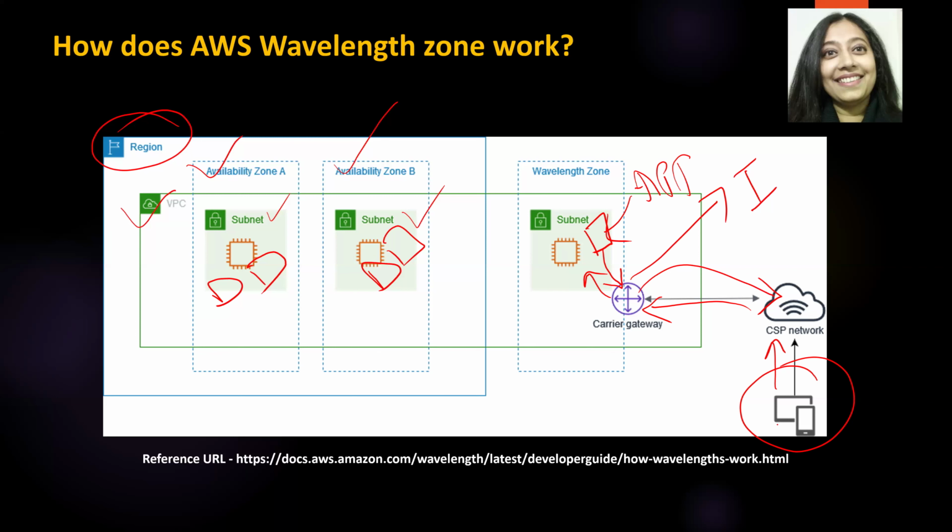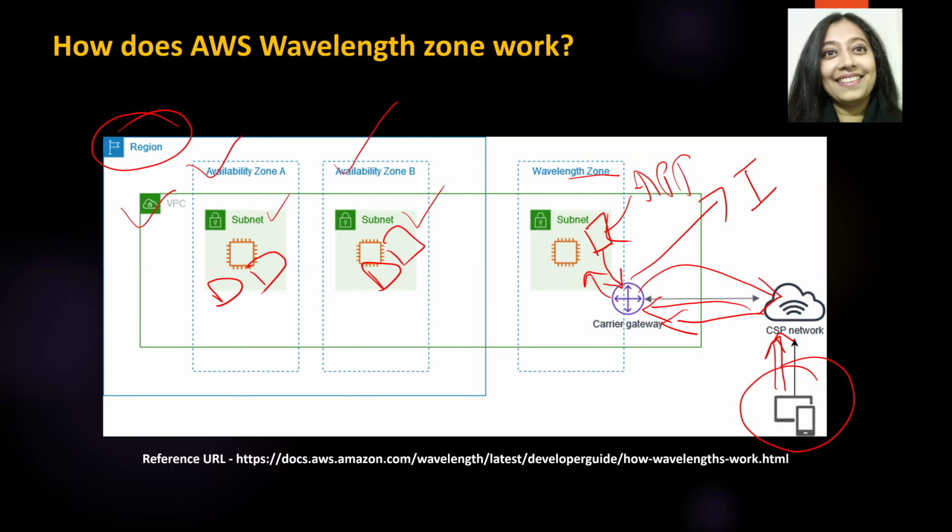But the inbound communication, let's say from your 5G devices, will first go to your CSP, and then via the CSP, it will go to your carrier gateway. And then from your carrier gateway, it will eventually go to your Wavelength Zone, then to your Wavelength infrastructure. That EC2 is part of your Wavelength infrastructure, and that application or service is running on your EC2.